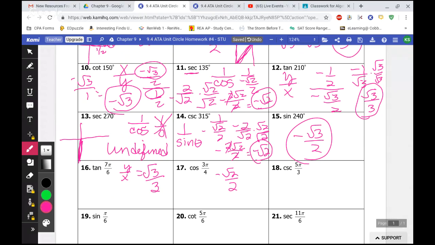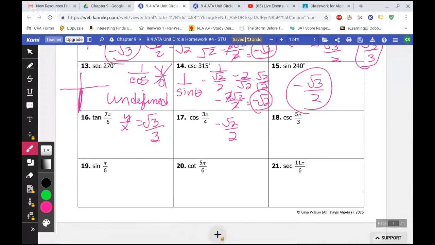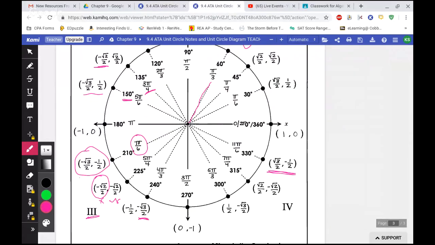Cosecant, 5 pi over 3. Cosecant is the same as 1 over sine. So we're looking for the measure of 5 pi over 3, which is 300 degrees also. It's this angle right here.